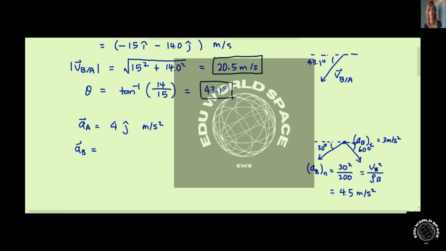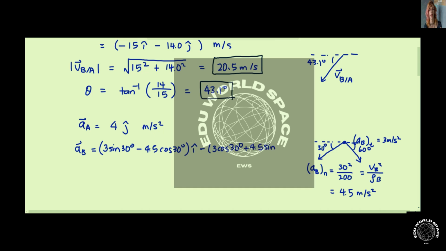So this is 3 sine 30 degrees minus 4.5 cosine 30 degrees i hat, minus 3 cosine 30 degrees plus 4.5 sine 30 degrees.